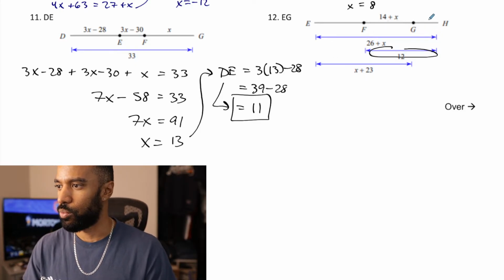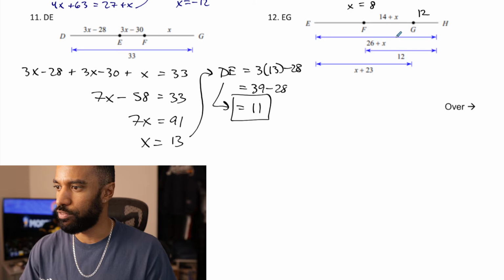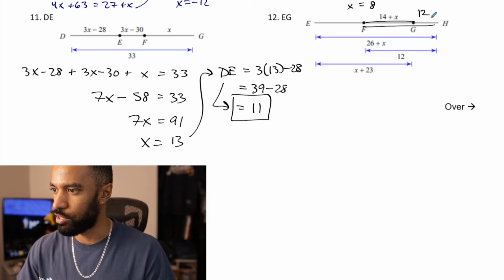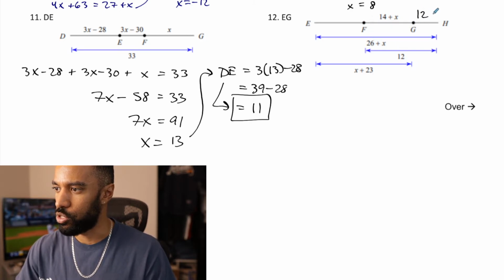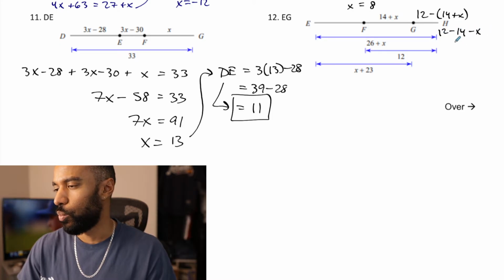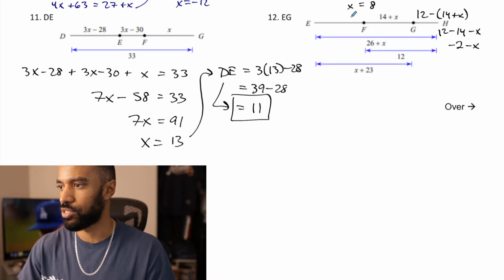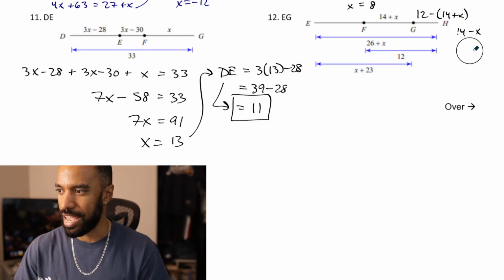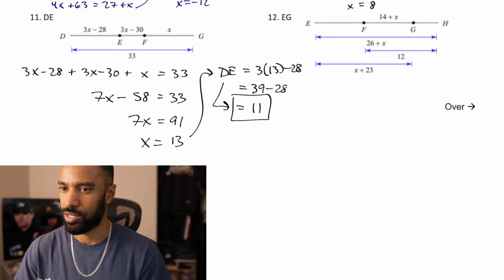So GH is 12, this part, minus the 14 plus x. Just keep in mind, you do have to do 12 minus the quantity 14 plus x. The whole quantity. So 12 minus 14 minus x, which is negative 2 minus x. So GH is negative 2 minus x.